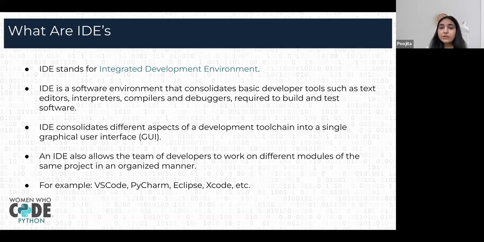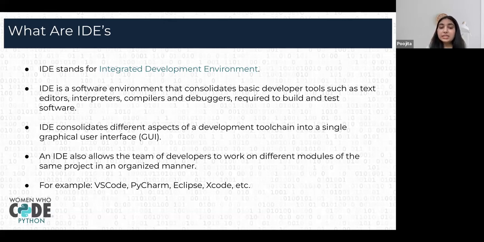An IDE is a software environment that consolidates basic developer tools such as text editors, interpreters, compilers, and debuggers required to build and test the software. An IDE consolidates different aspects of the development toolchain into a single graphical user interface. So you don't have to look for different tools at separate places, but you will have everything in one GUI.